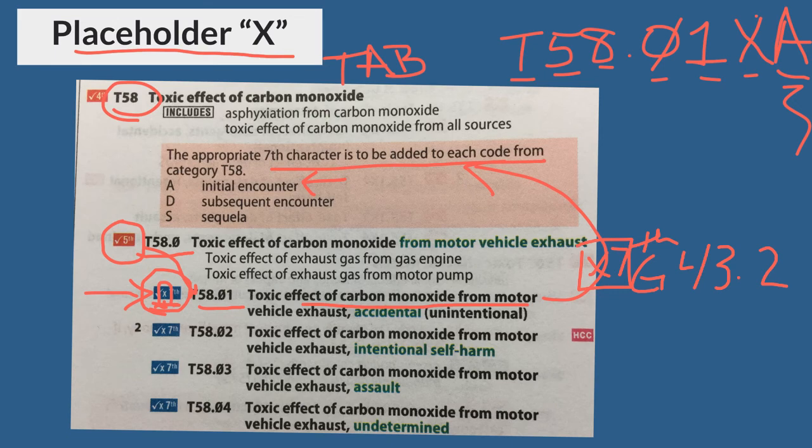We only have 4, so our final code, if it's telling us in the reminder box that we need that 7th character, is G43.2, so we're at 4 characters, 5, 6, and then the 7th character A in that 7th position. So just know again, you may have more than one placeholder X. That is a possibility.